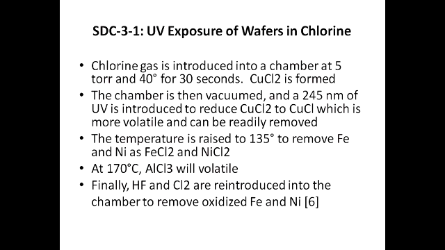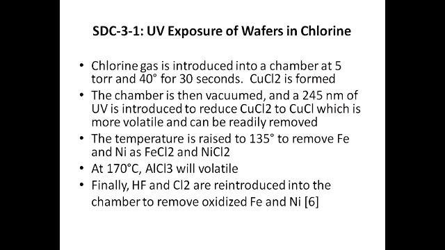Under this condition, copper chloride, CuCl2, is formed. Then the chamber is vacuumed, and 45 nanometer ultraviolet light is introduced to reduce CuCl2 to CuCl. The latter can be volatile, so it can be removed.